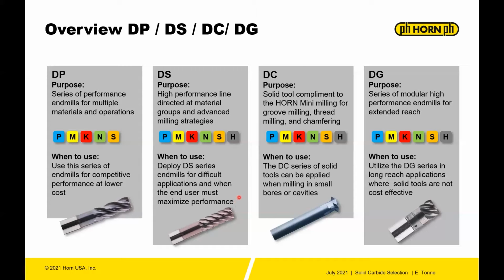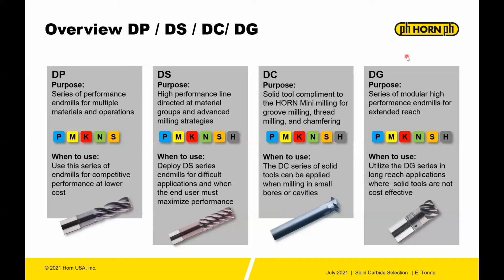The DC is a complementary system to the mini milling, but for smaller bore diameters. You have groove milling, thread milling, and chamfering. You can apply the DC series when milling in small bores and cavities.